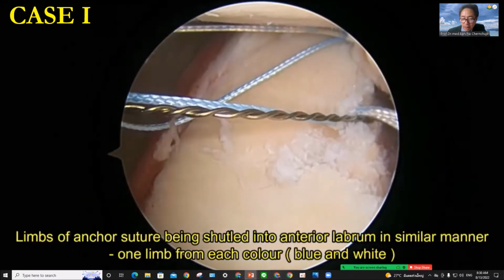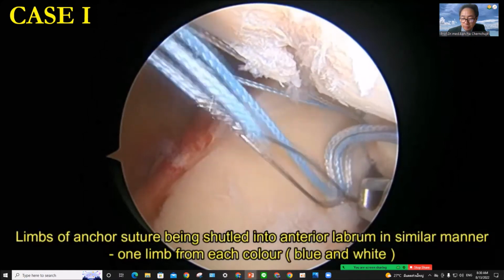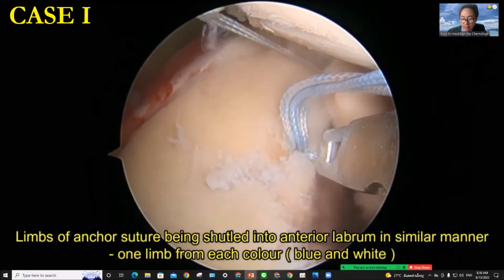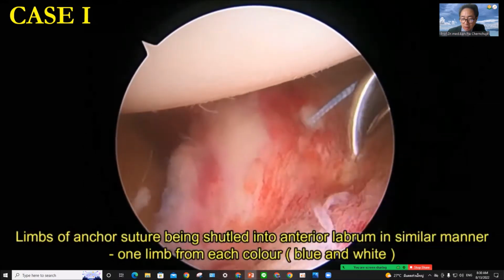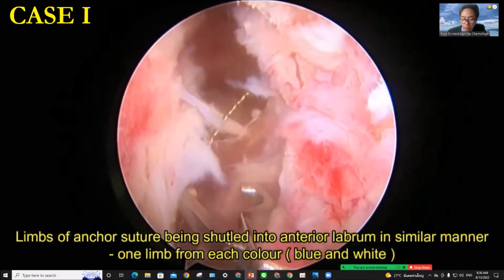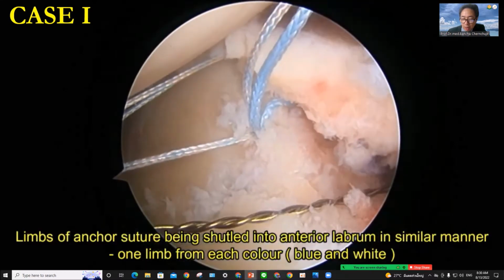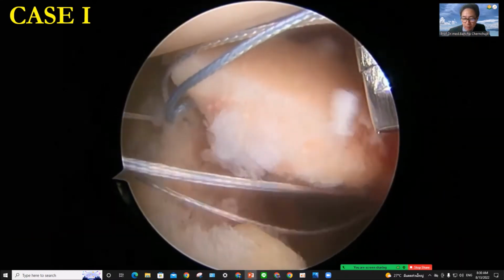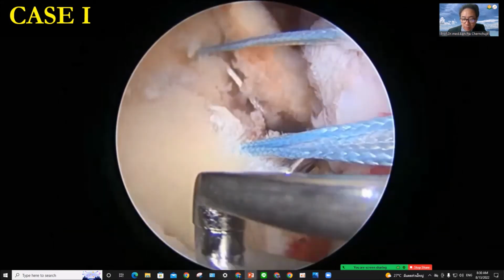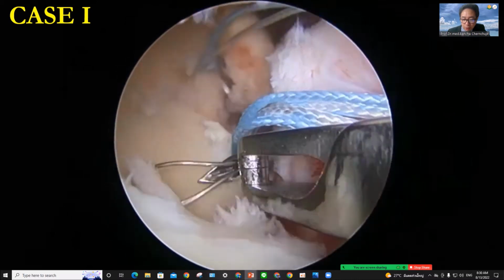Make a big bite, wrap around, like that. This 5 o'clock portal is very useful to pass the suture around the fragment. I always use about 3 triple load anchors.